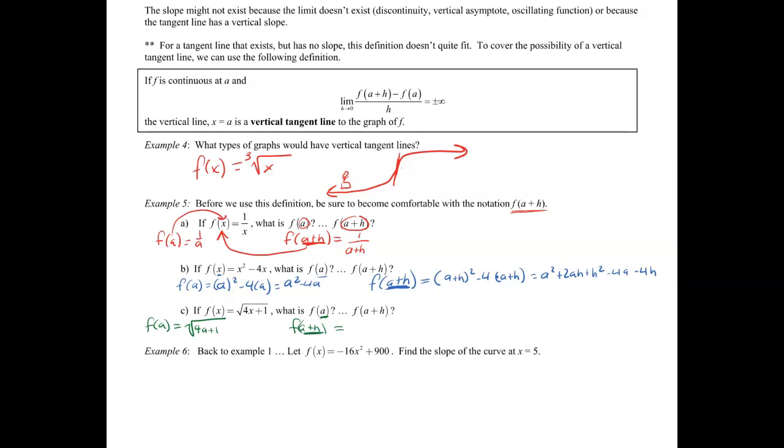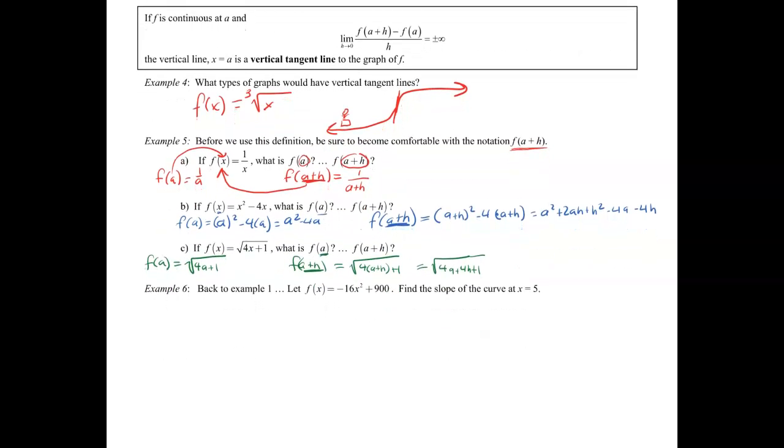So I need to have the square root of 4 times a plus h plus 1, still from the original function. Yay. So that should equal the square root of 4a plus 4h plus 1, all underneath there. Alright, so finally, that's about it for those two examples.